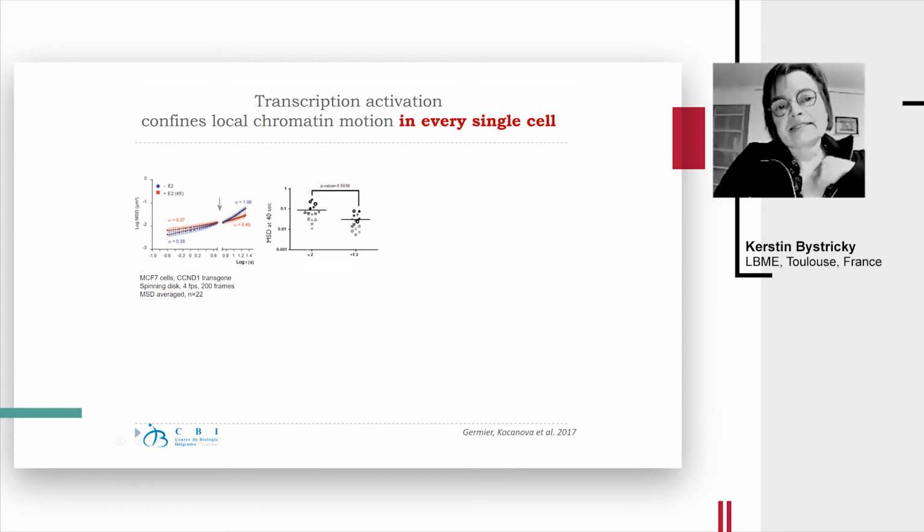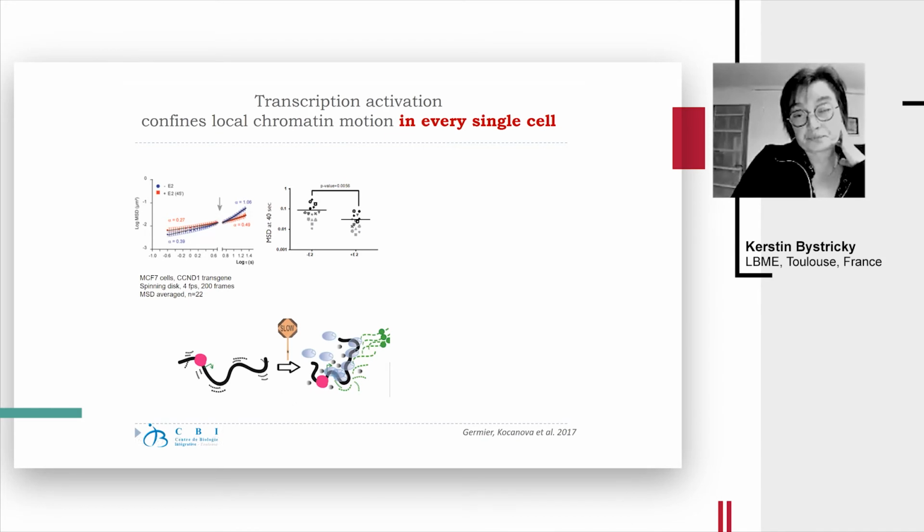So on the right-hand side, what we plotted is a number of cells. Each symbol represents one cell, the MSD value at 40 seconds. And you see that there's huge heterogeneity. Now, when you add estradiol and you transcribe the gene, every time it is reduced. But the original dynamics are really diverse.